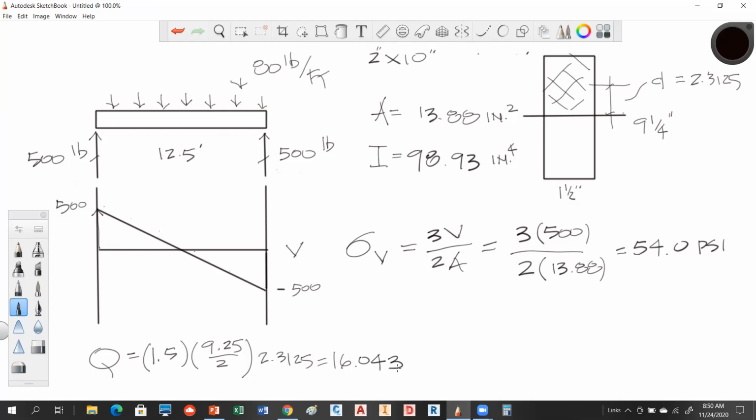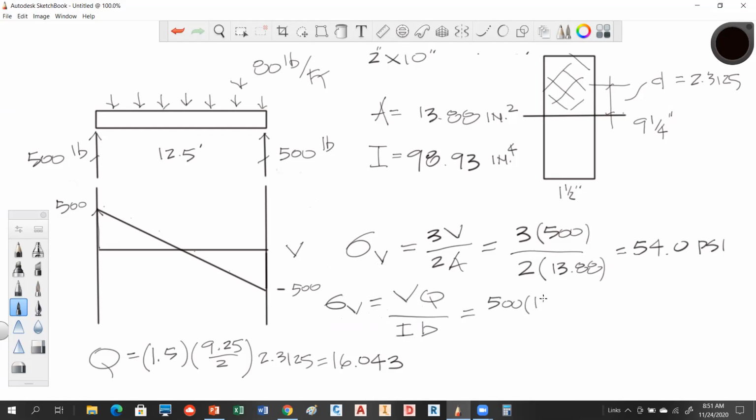So now that we have that, we can solve this using the equation: shear times the static moment of area, divided by moment of inertia times B. So shear is 500.